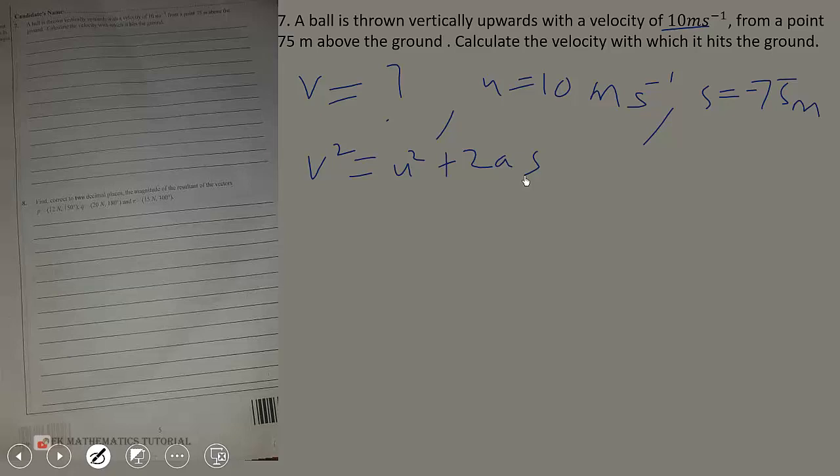So we have to substitute these values. We have 10 squared plus 2a, where a is acceleration due to gravity, usually given as 10 or 9.8. I'm going to use 10 in this case because they didn't give anything, and it should be negative 10, times s, negative 75.